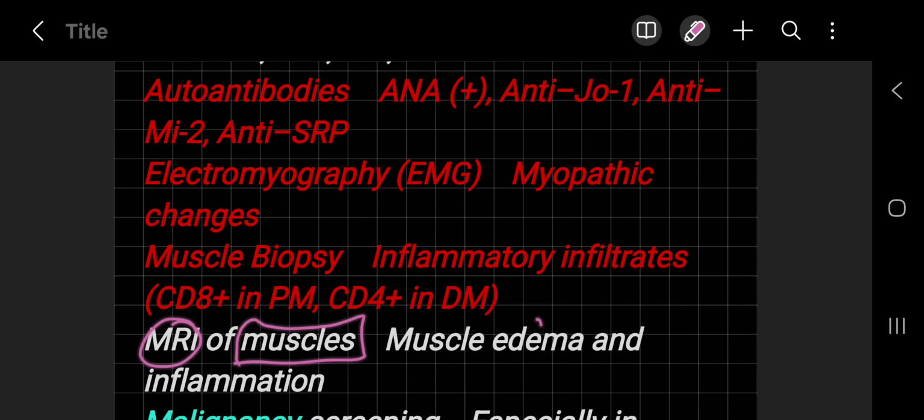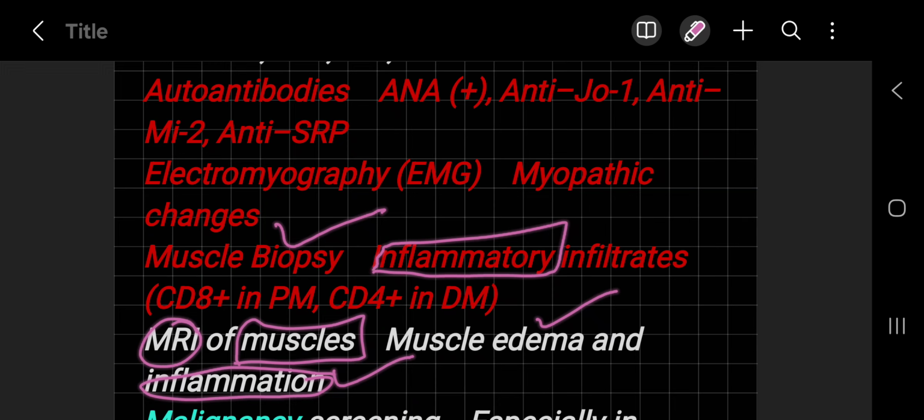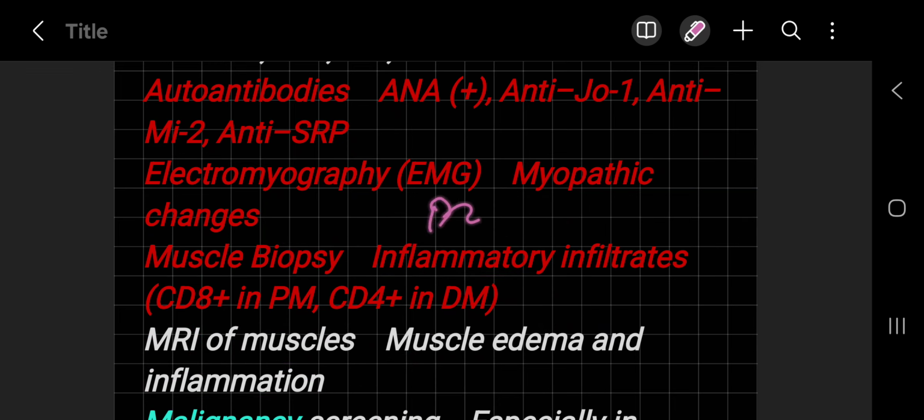MRI of the muscles shows muscle edema and inflammation, and once you know the site of inflammation, then you take a muscle biopsy. Muscle biopsy shows inflammatory infiltrates. Inflammatory infiltrates are perivascular in case of dermatomyositis.